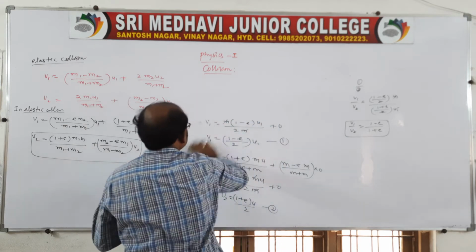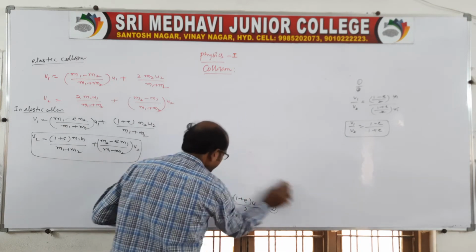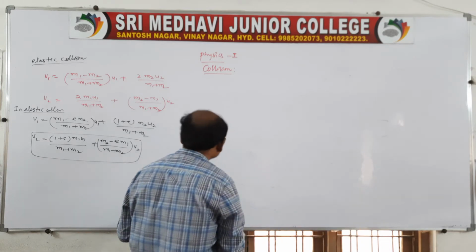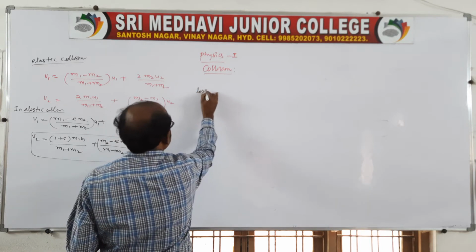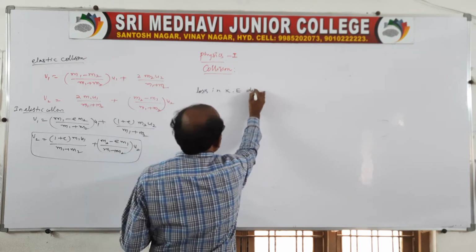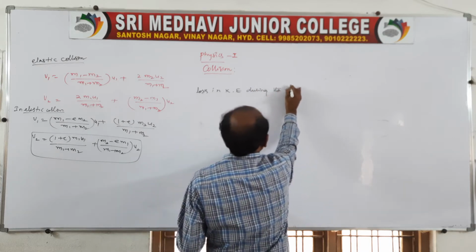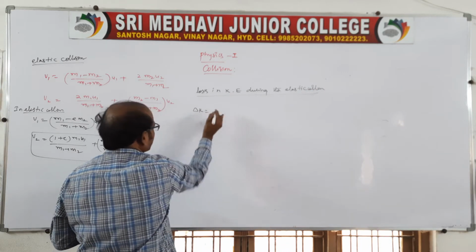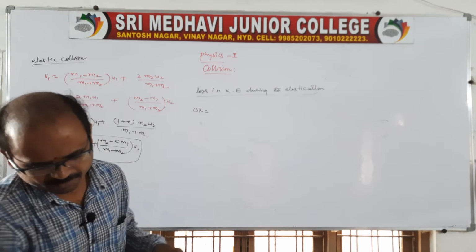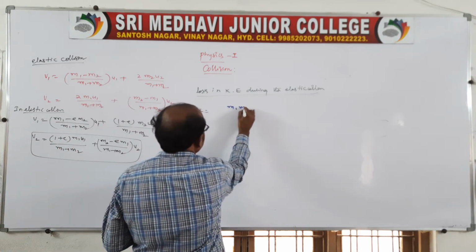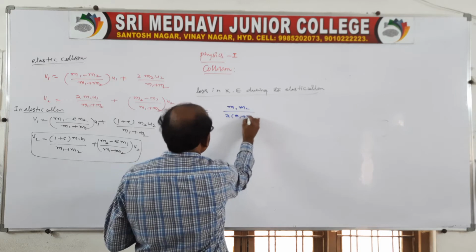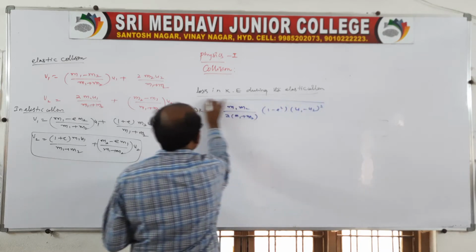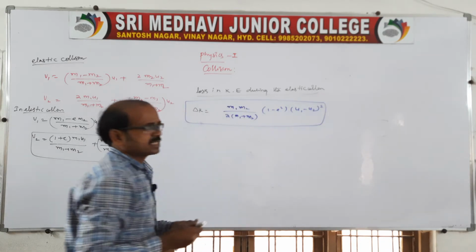Derivation is not required, I will give you the direct expression. It is required only for MHT-CET, JEE and NEET. So there will be a loss in kinetic energy during the inelastic collision. Directly, I am giving delta K, the loss: the loss in kinetic energy is equal to M1 M2 by 2 into (M1 plus M2), into (1 minus e squared), into (U1 minus U2) whole squared.